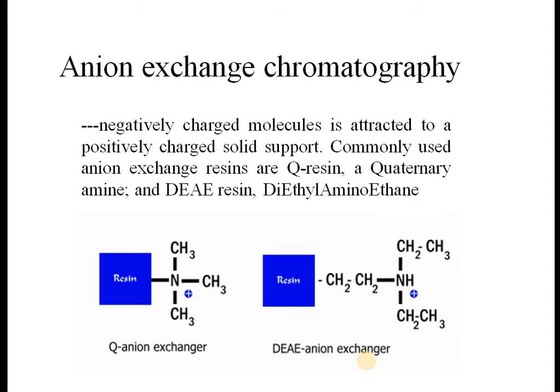Cation and anion are the two types of exchanger. Previously we studied cation exchange, and here we discuss anion exchange.